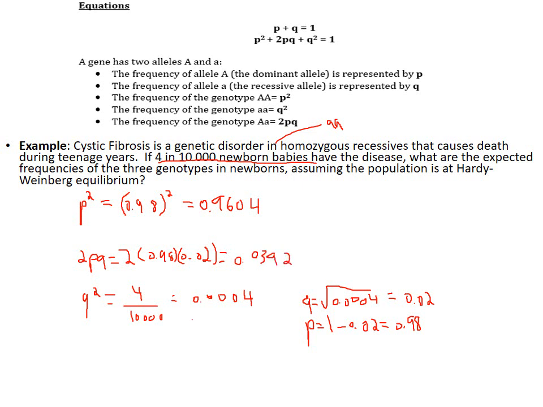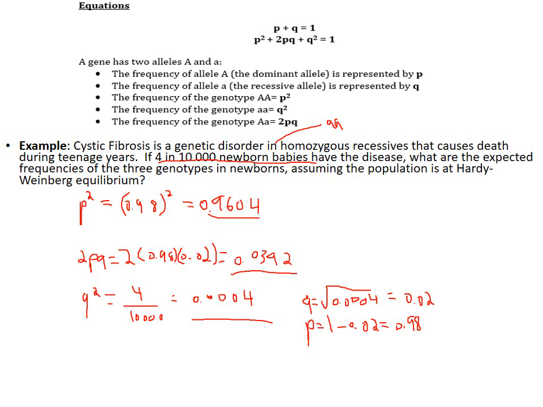You can verify your answer to see if they all add up to 1. So I'll do that number plus 0.9604 plus 0.0004, and I get 1. So when I add all these numbers up here, I get 1.